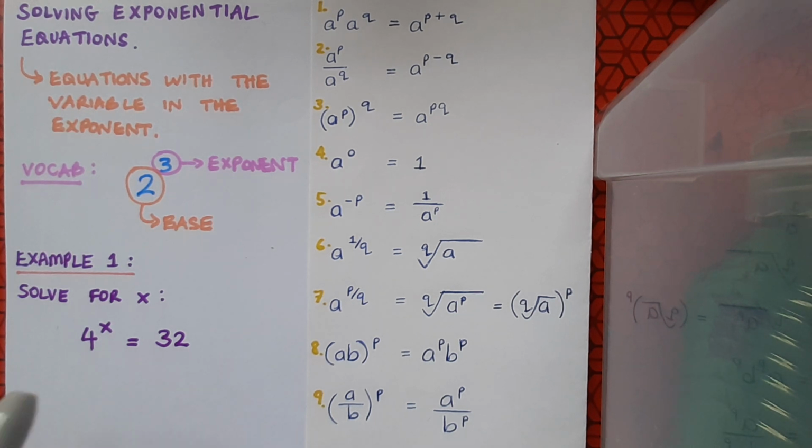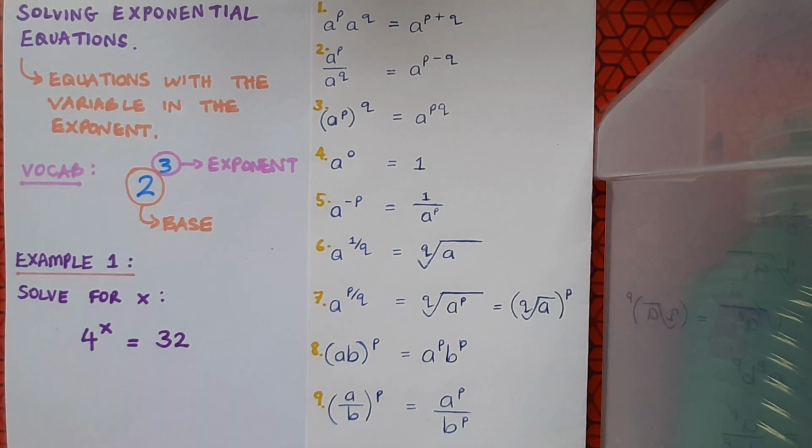Well, I can't stick with 4, because if I look at 32, I can't write 32 as a power of 4: 4 to the power of 1 is 4, 4 to the power of 2 is 16, 4 to the power of 3 is 64. I've bypassed the 32 completely. So I need to find a common factor for 4 and 32 that I can use as my base. The obvious choice here is 2, because 4 is obviously 2 squared, and 32 is also a power of 2.